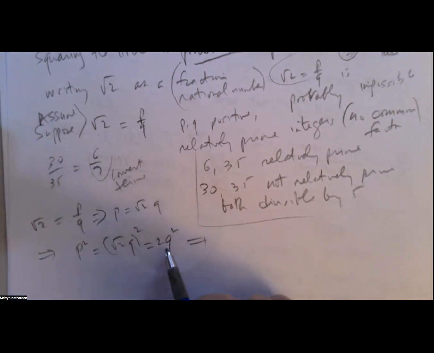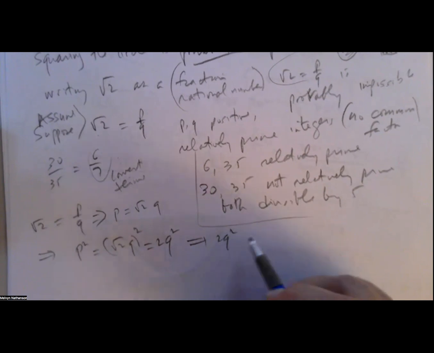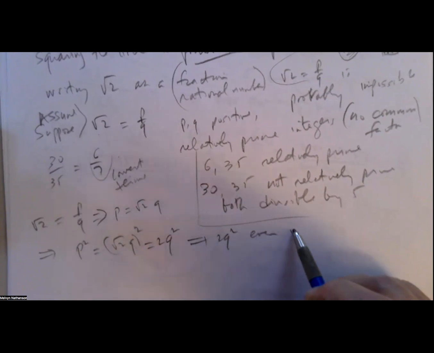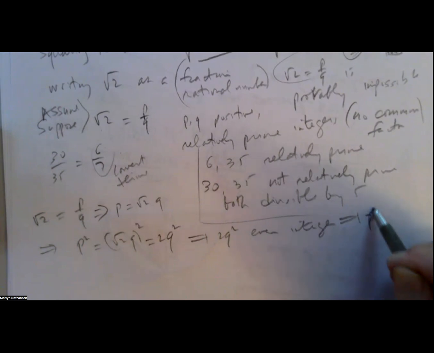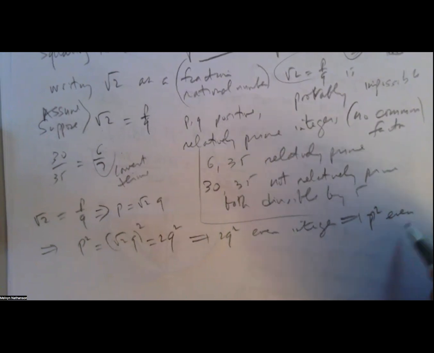Which means, well, 2Q squared is an even integer. Of course, it's clearly divisible by 2. It's a multiple of 2. And if P squared equals 2Q squared, P squared is even.